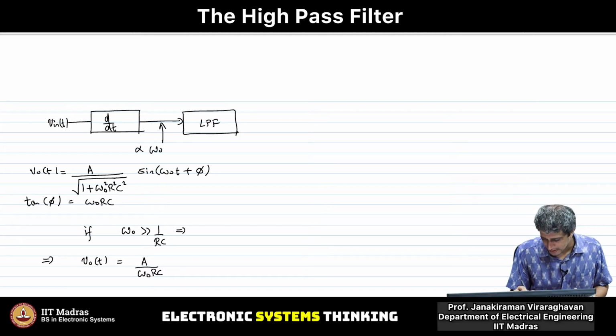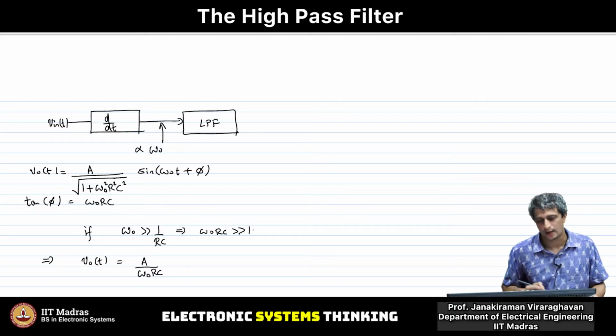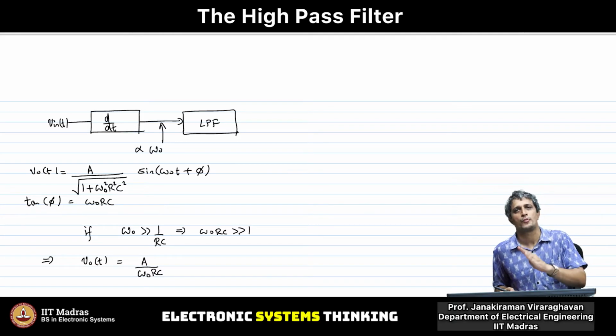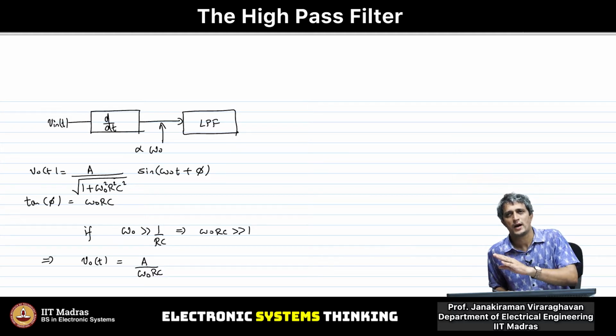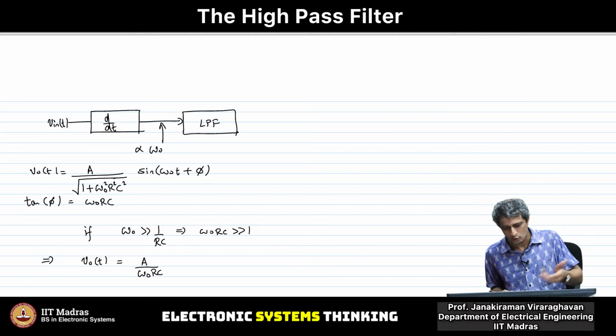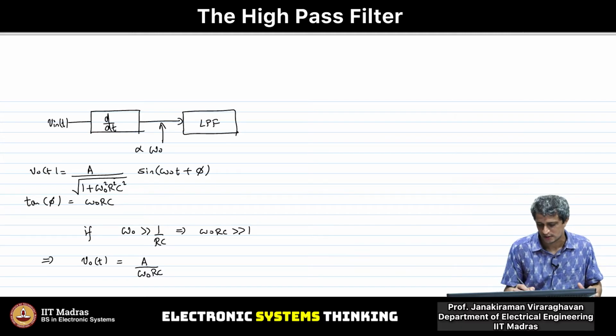So therefore that square root of 1 plus omega naught squared R squared C squared will simply become omega naught RC, right?